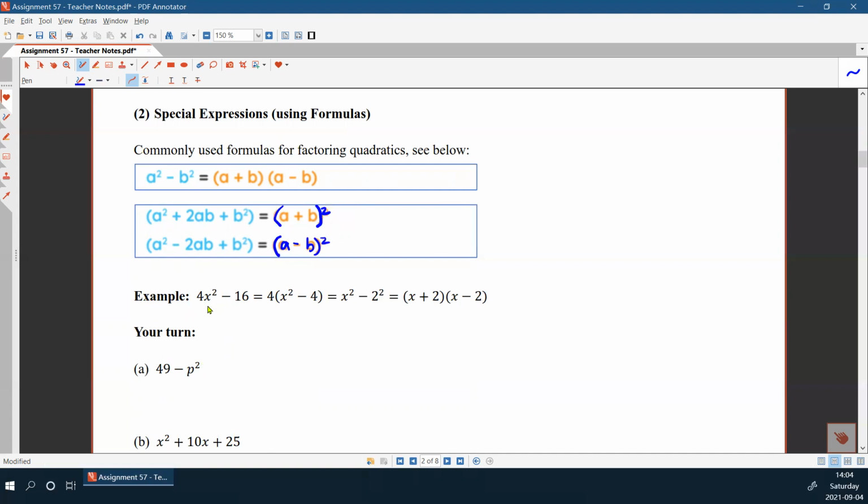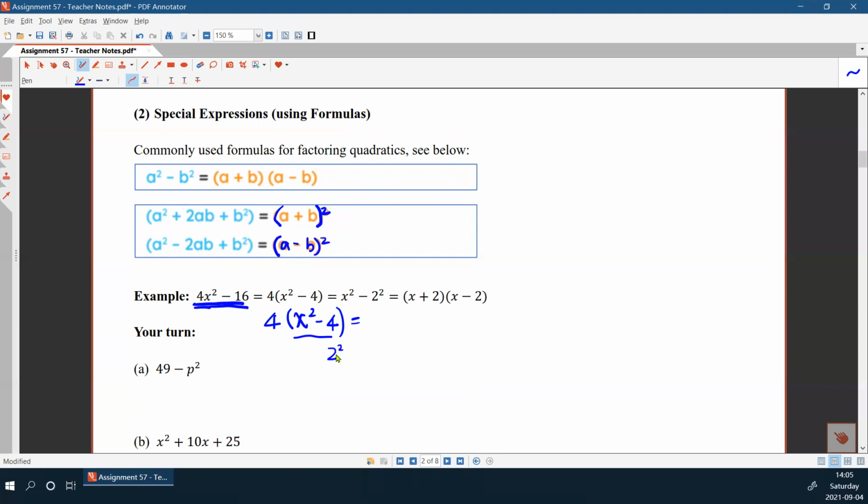For example, as you can see here, this expression can be factored. First of all, note that there is a common factor, right? 4 is the greatest common factor. So let's put 4 in front. And then we can use formulas to factor this. This is actually a squared minus b squared, right?